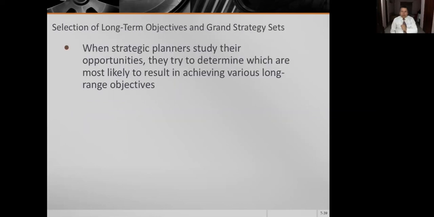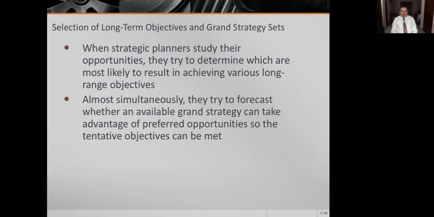Now, how do you select the strategies? When strategic planners study their opportunities, they try to determine which are most likely to result in achieving various long-term objectives. You saw the point. So you have a shopping list. Now you have to understand how you apply those in your decision making or your understanding of strategic management.